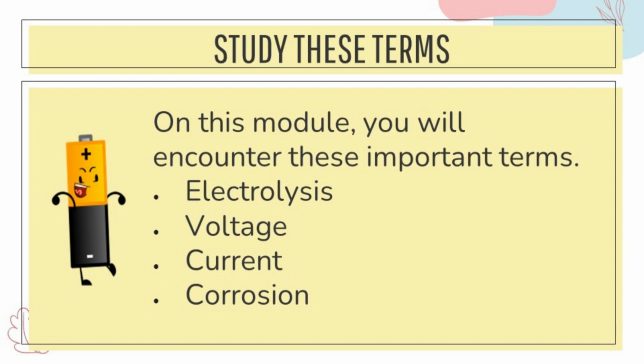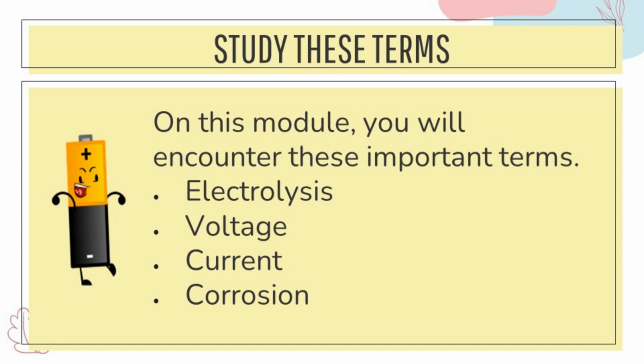Next, we have the current. This is the flow of electricity or electric charges in a specific device. Always remember that high voltage does not mean high current, because there are devices that do not need high current or high electricity output being passed through them. Next, we have corrosion.